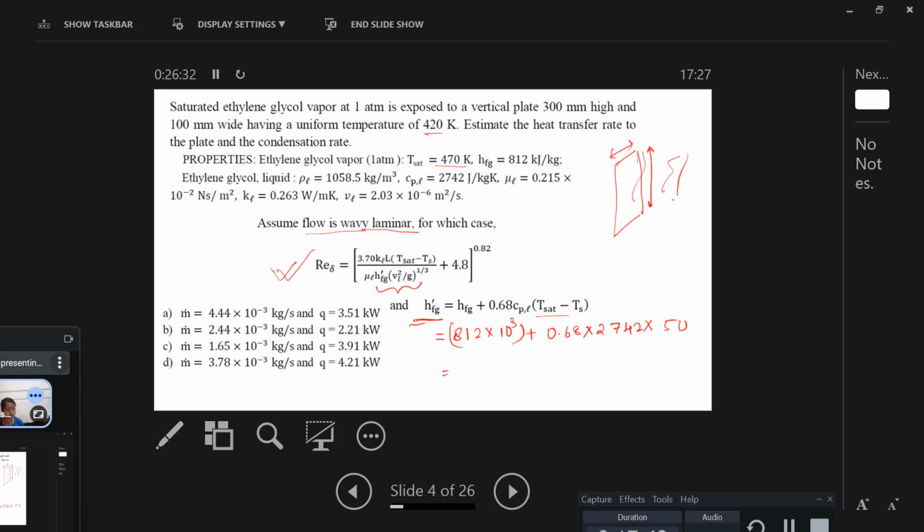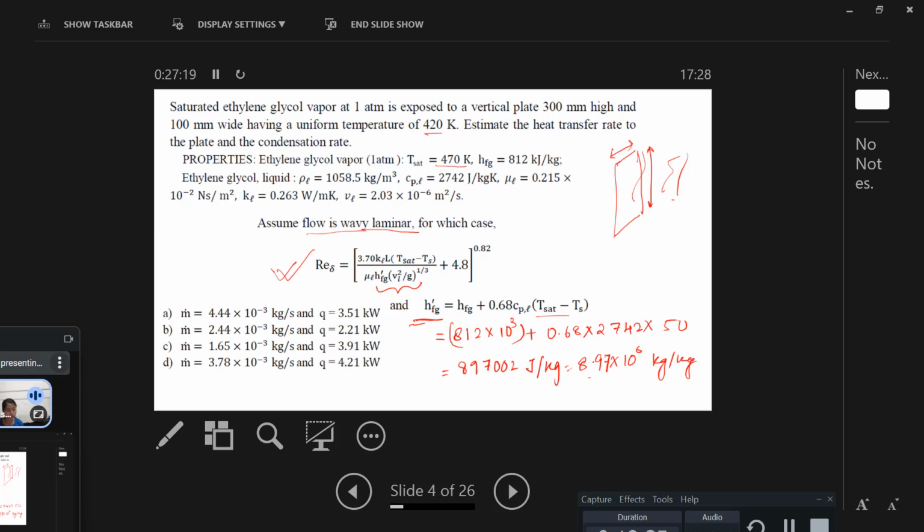Alright, so what we get is 8.97 into 10 to the power 6 joule per kg.